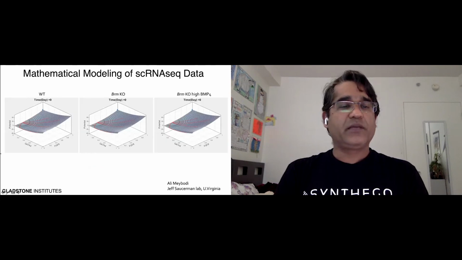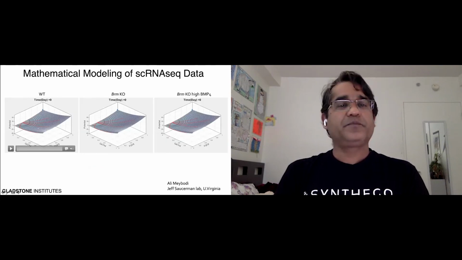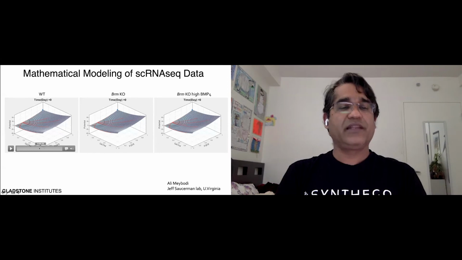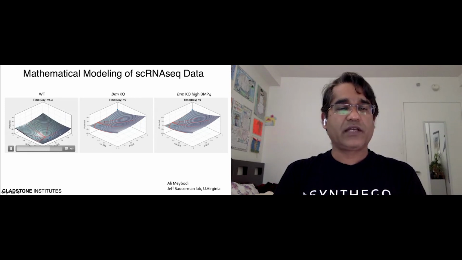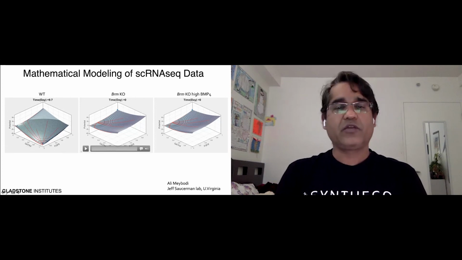And we did mathematical modeling, and we can see how these cells travel from day 0 to day 10 as time progresses. We were using GATA4 activity as a proxy for cardiac lineage commitment, and FGF8 activity as a proxy for neural lineage commitment. You can see that from day 0, the cells hover around and then come to very low FGF8 activity and very high GATA4 activity, indicating a cardiac commitment of these cells to cardiomyocytes.